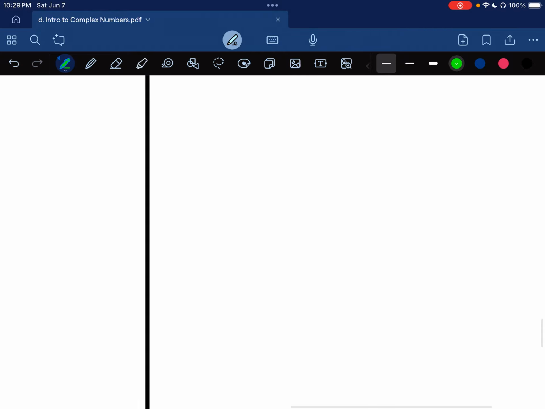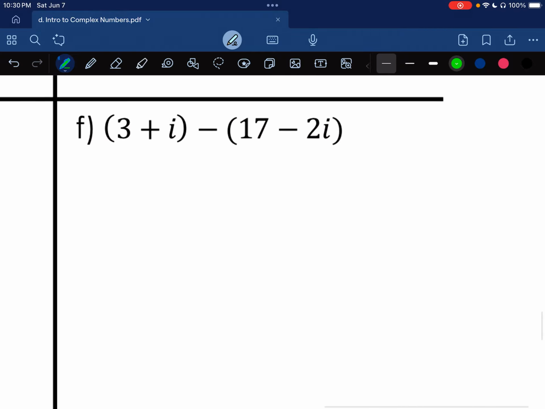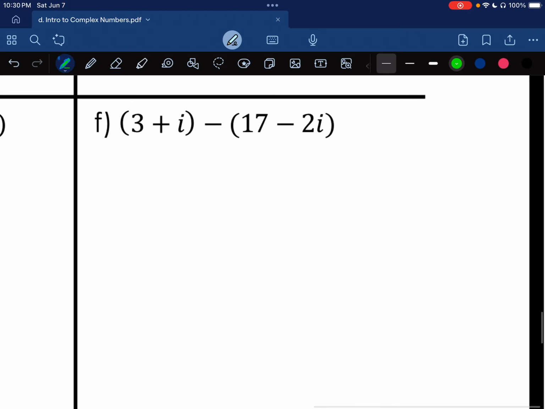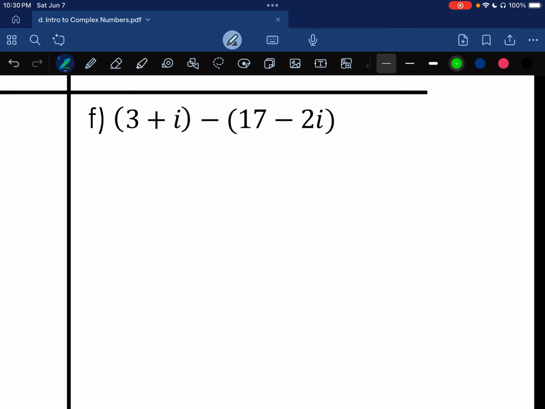All right, let's look at F here. We can distribute this negative. So we'll have 3 plus i minus 17 plus 2i.